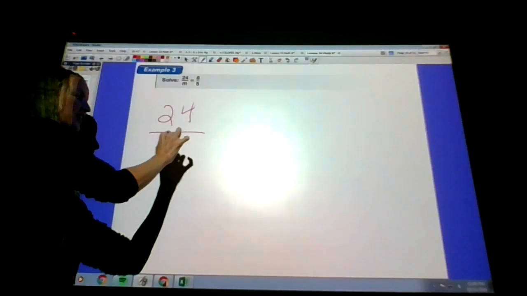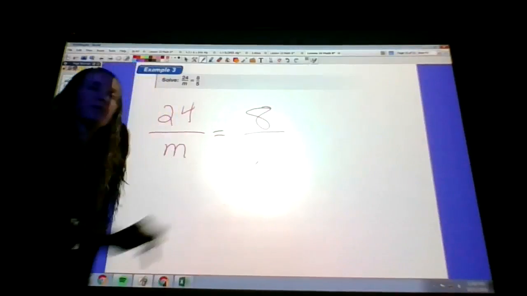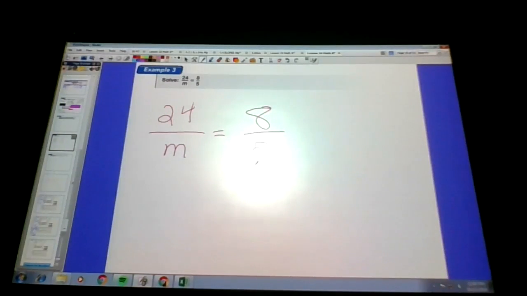Do you want to do this one together, or do you want to show me on your whiteboards? Okay, show me. Let's go. This is what I want to see, if you can actually solve this. Just circle your answer next time, though.